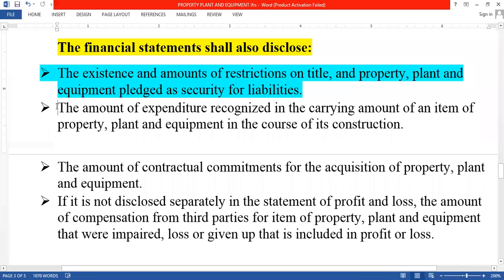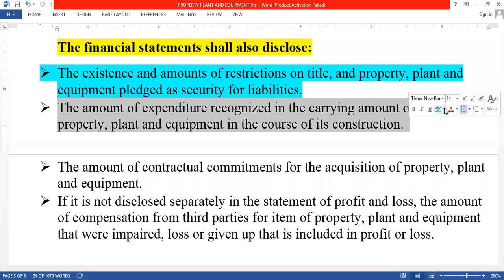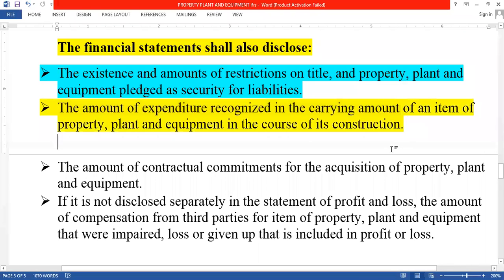After that, the second one here: amounts of expenditure recognized in the carrying amount of an item of property, plant and equipment in the course of its construction.